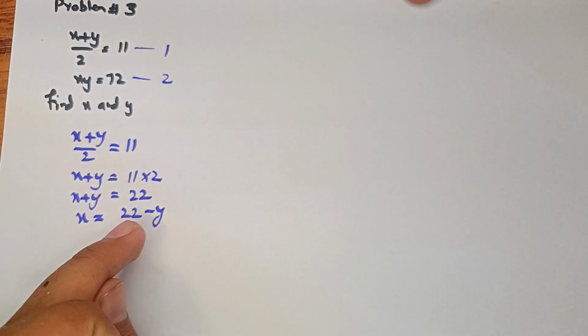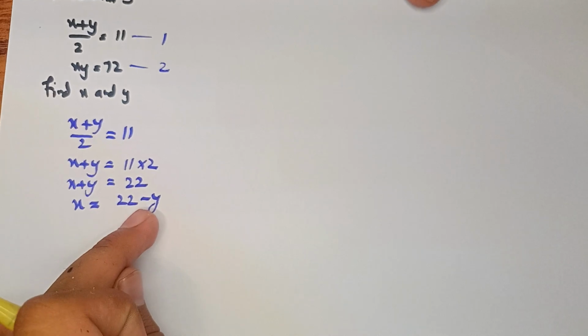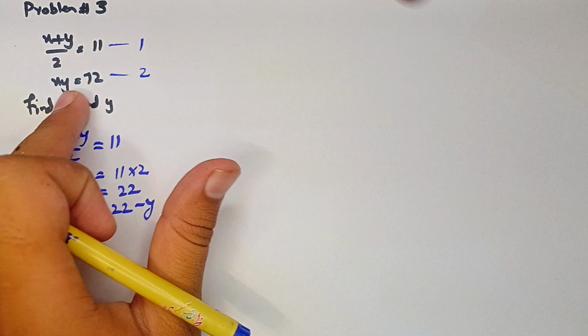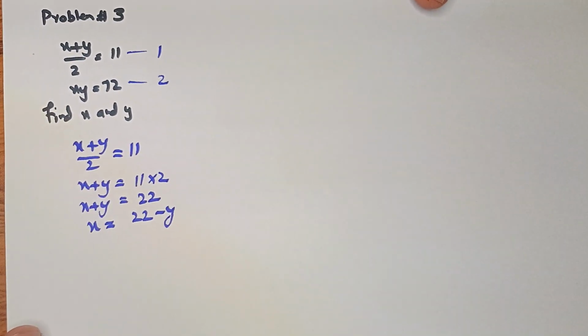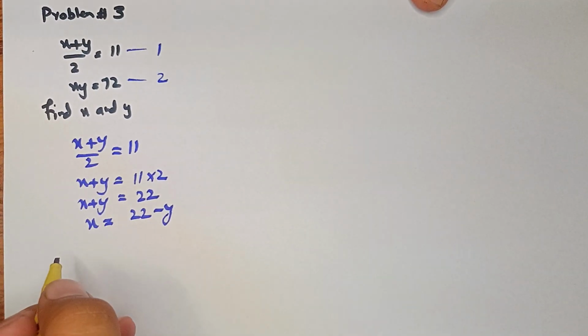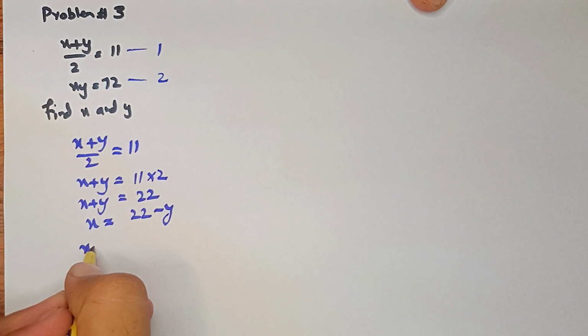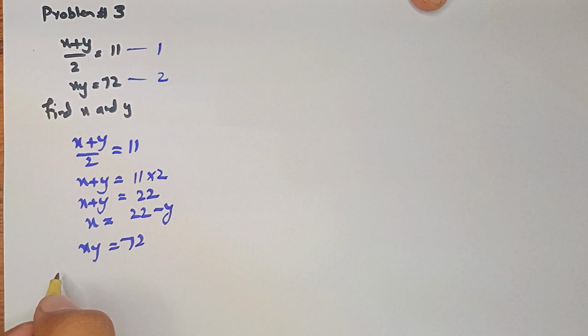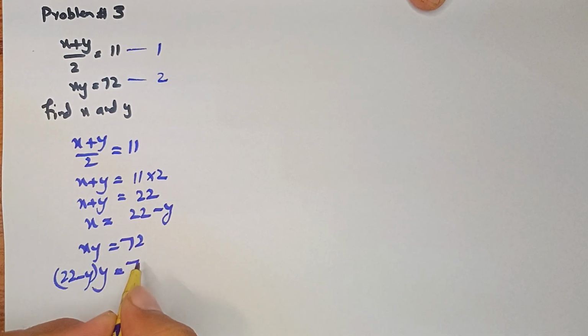So put this value in our second equation, xy equal to 72. Put 22 minus y, multiplied by y, equal to 72.